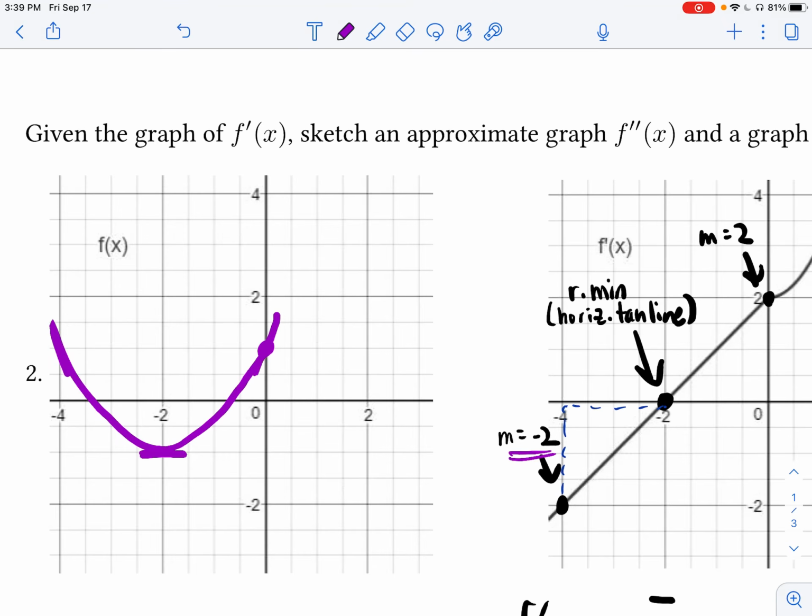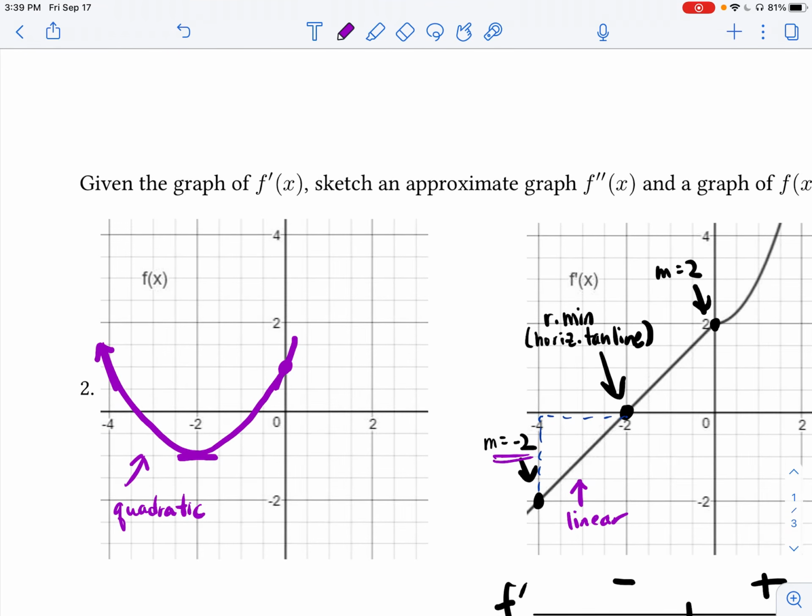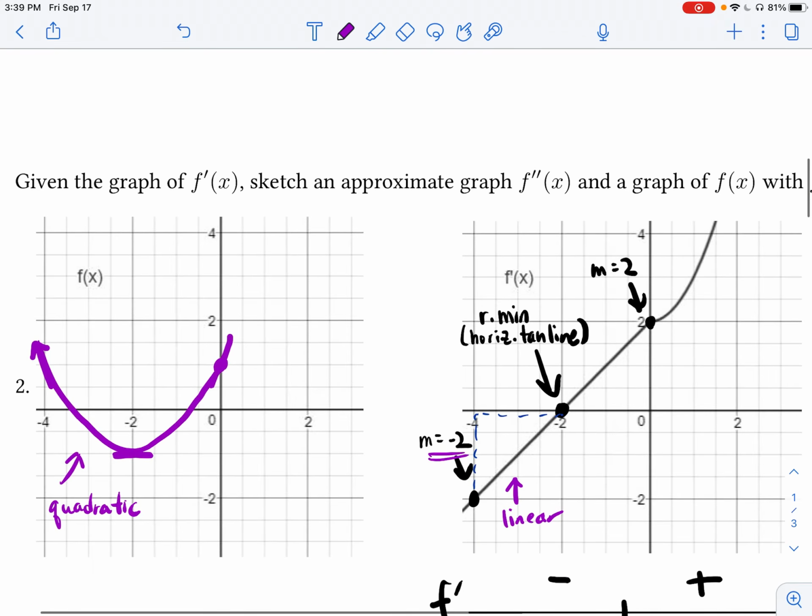And if we even take a step back on that note, if this derivative is linear here, that means my original function had to be quadratic. But hopefully that makes sense, how I can use my tangent lines to sketch out a graph and see what's happening here. Now let's finish it up. We know that after 0, the values for f prime of x start to increase.